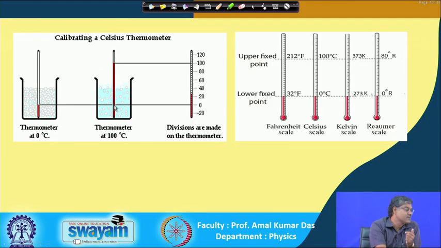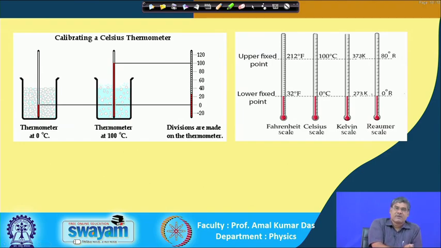Because of thermal expansion it is going up, and now the task is that I have to scale it, I have to make divisions for temperature. It may be a 1 degree step or a 5 degree step, whatever. So that is basically scaling it. I have to make a scale for temperature.